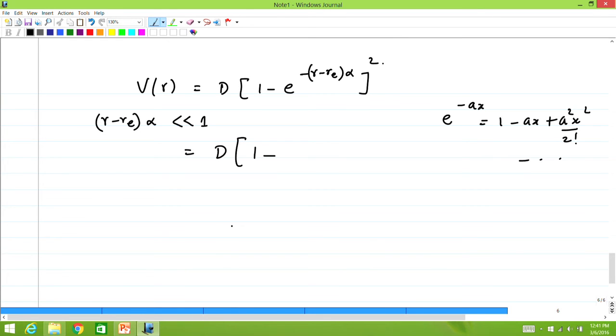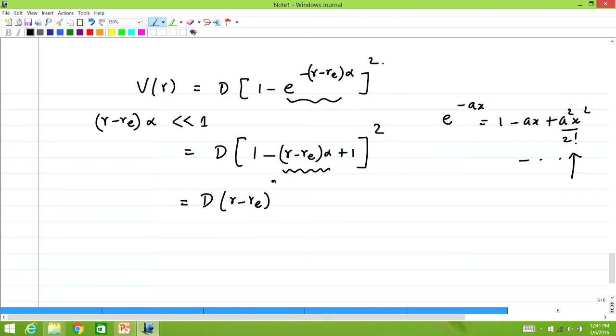So, what you have is D times 1 minus alpha times R minus RE, and also there is a 1, because the exponential has 1 minus that. If we stop with just the first term, and take the square of this term, which is already a very small one, we do not even go to the second term, then what you see is D into R minus RE whole square.